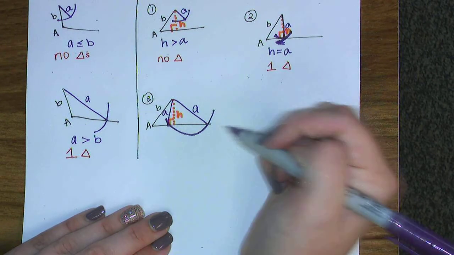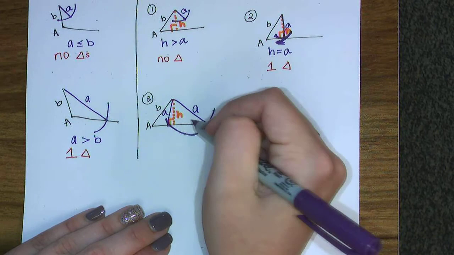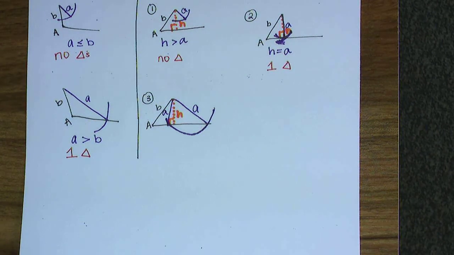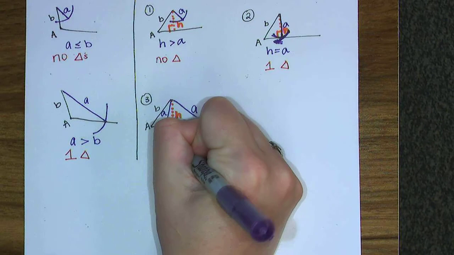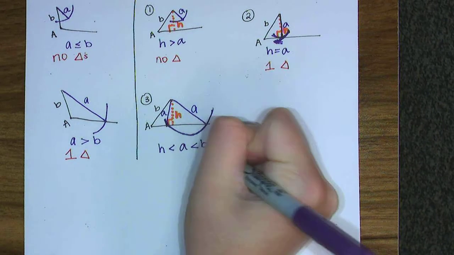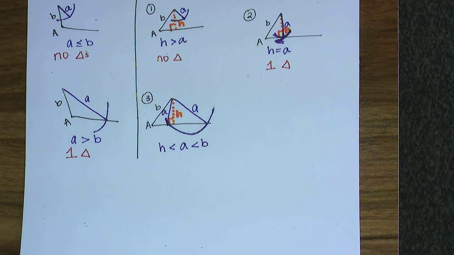It intersects at 2 points, meaning, in this case, H is less than A is less than B. So A is smaller than B, but H is smaller than both of them. So in this case, we end up with 2 triangles.